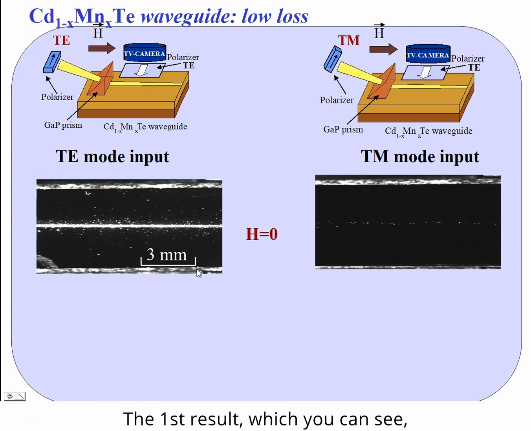The first result which you can see is that the waveguide has practically no loss. For my first cadmium manganese telluride waveguide, I could not see a streak longer than 1 millimeter because of high loss. For this waveguide, streak intensity does not change over a length of 1 centimeter. It means a very low loss.